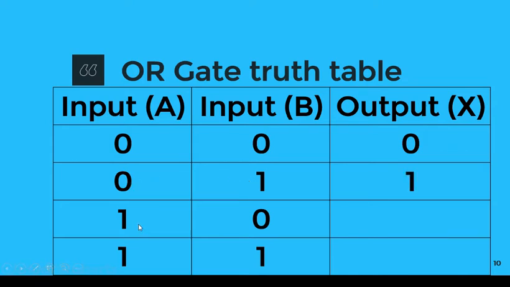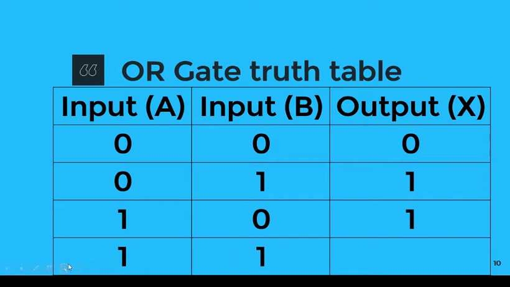Now if we take 1 plus 0, we will get 1. Now here, if we take 1 plus 1, we will get 2. But because we're dealing with binary and we can only have 1 or 0, what we'll have is a 1 and a carry. But that's outside the scope of this video.